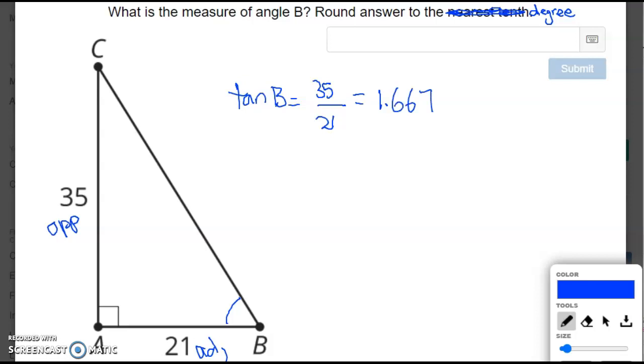So from the trig table, I will find B is going to be inverse tangent of, instead of B, I am going to put this number in there, 1.667. So I'm looking for what angle gives a tangent ratio of 1.667, and the closest one is 59 degrees.